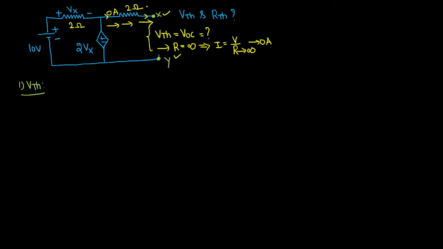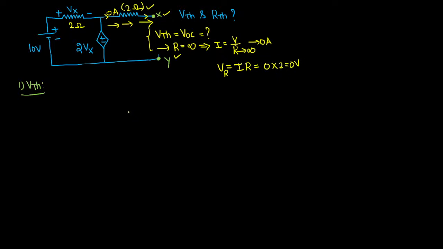Now, what is the voltage drop across this 2 ohm resistor? It will be 0. Why? Because according to Ohm's law, the voltage drop VR equals the current through the resistor times the resistance value. Current is 0 times 2, so the voltage is 0.